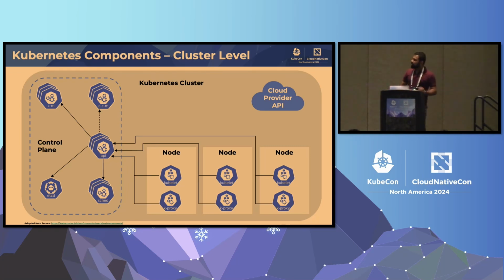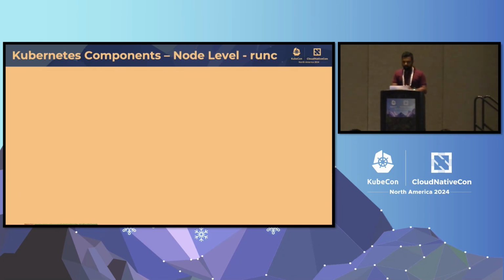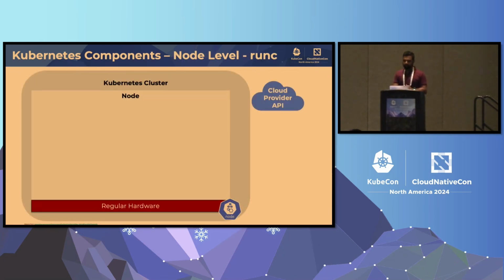So in this context, we're going to focus more on the node level. I've zoomed into the worker node. So you have the same Kubernetes cluster. We are looking into a specific node, and it has regular hardware. You don't care what the underlying hardware looks like or what it has.